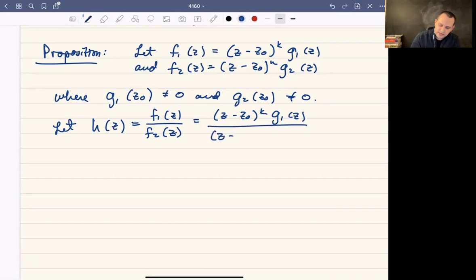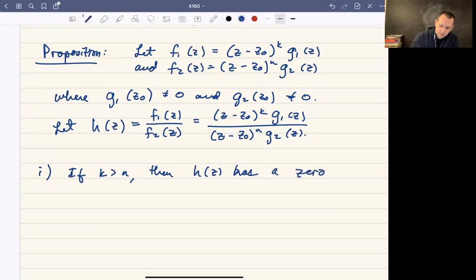This is (z minus z naught) to the k times g1 divided by (z minus z naught) to the n times g2. And so what happens is that, one, if k is bigger than n, then h has a 0 at z naught of order k minus n.